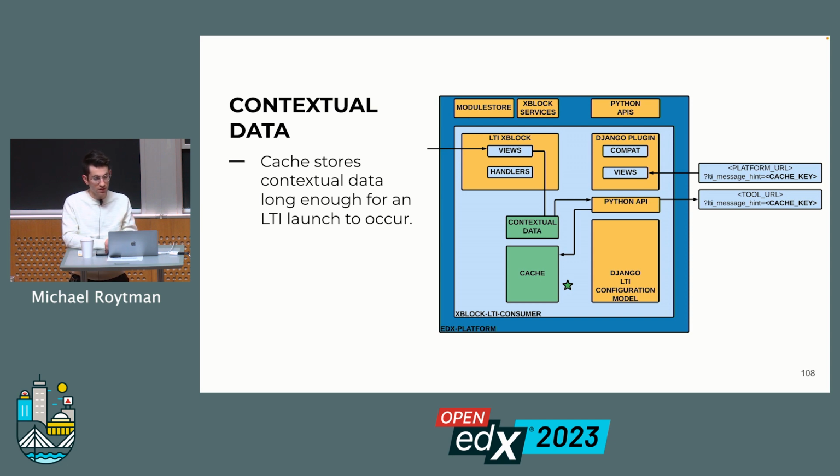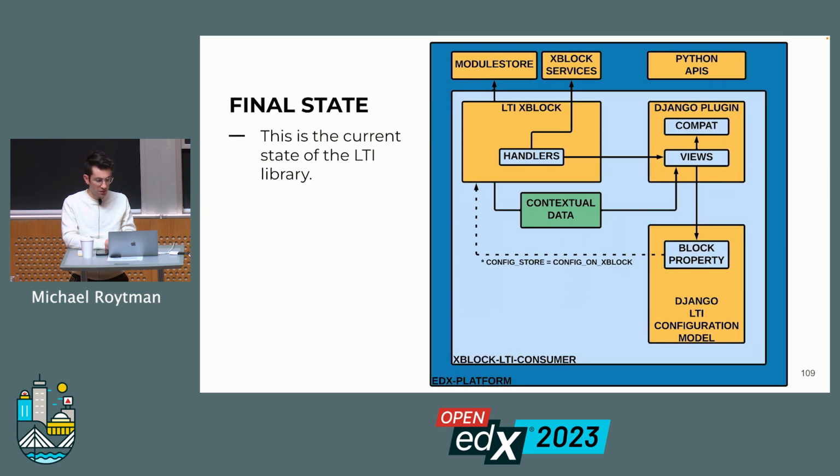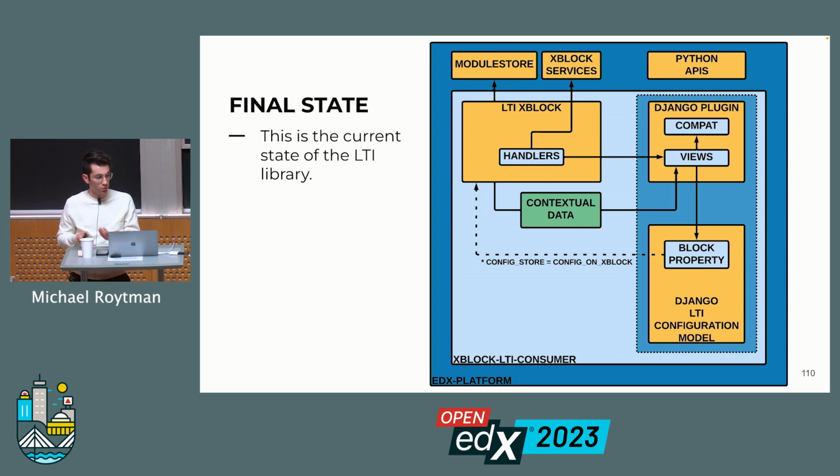And then upon receipt of the cache key, we pull it out of the cache. So the final state of the diagram looks more like this. And you can see that now this core LTI library doesn't have as many arrows pointing from it to the XBlock. And in fact, most of the arrows are pointing in the opposite direction, which is exactly what we want if we look at the aspirational diagram.